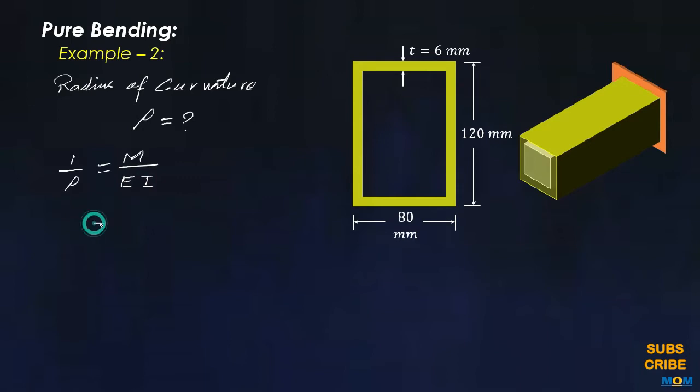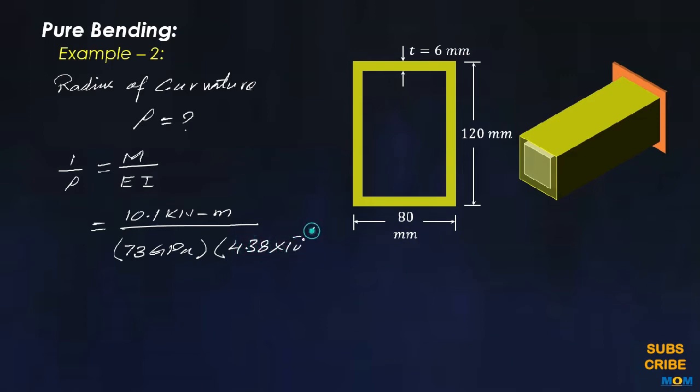Now using the value of bending moment we have just calculated, that is 10.1 kilonewton meter, upon Young's modulus, that is known value, 73 gigapascal, and the moment of inertia I, the value of that is 4.38 into 10 raised power minus 6 meter 4.